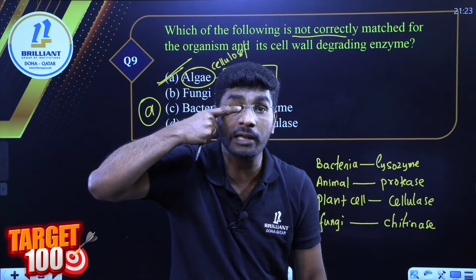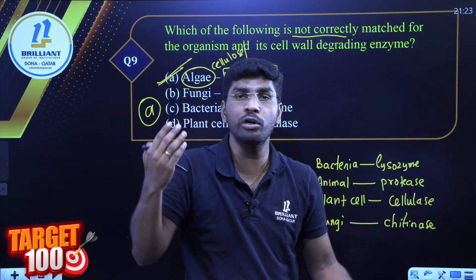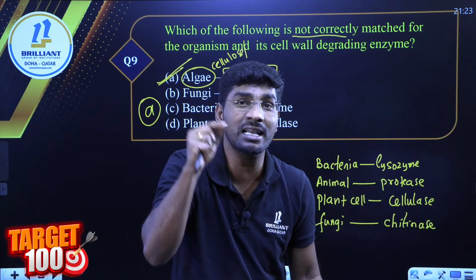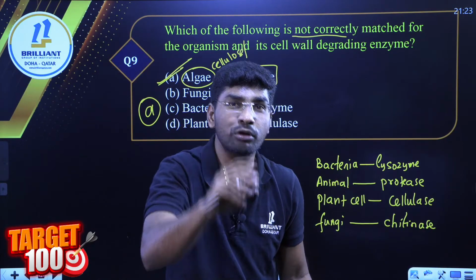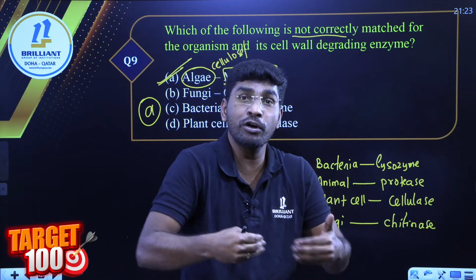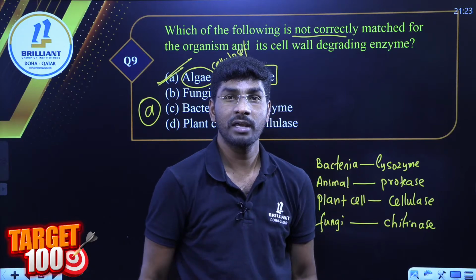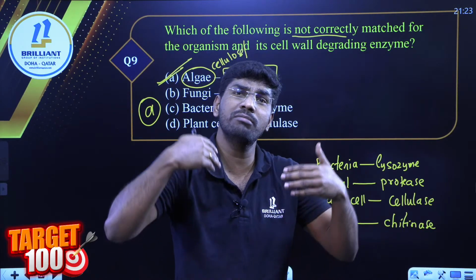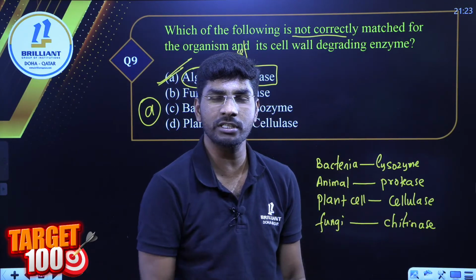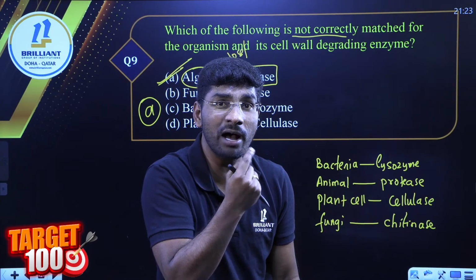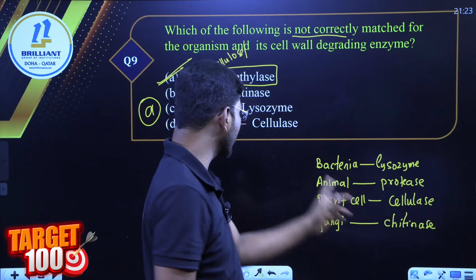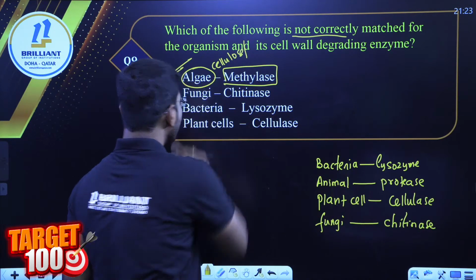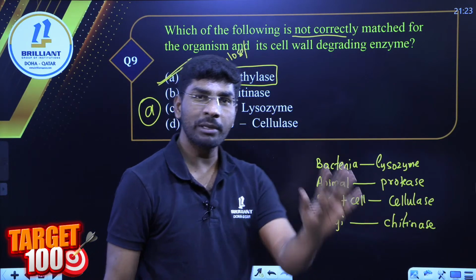If I keep it in my eye, nothing will happen, no infection, because in my tears there is lysozyme enzyme which acts on bacteria. This is our physiological, innate immune system. Until and unless the bacterial concentration is very high, I will not get infection, because in my tears and saliva lysozyme enzyme is there, so we can dissolve the bacterial cell. Answer is option A. Is that clear?